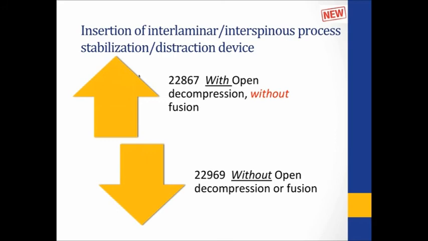And this is one of those nice thought questions. Well, these are not fusion devices. They may use the word cage, but not every cage is a fusion device. So going back to the importance of knowing if there's bone in there, then that's the start of the fusion process. But the documentation will help you with this.